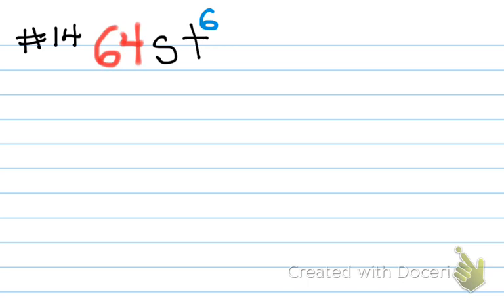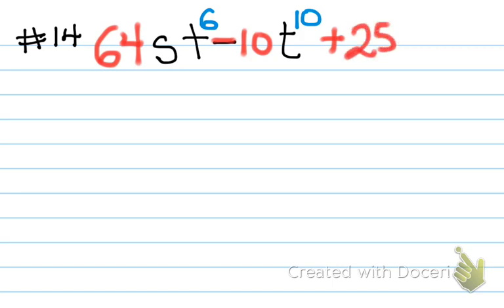That's our first polynomial. And then we have minus our second polynomial, 10, but just a t this time, to the 10th power. And then we have plus 25, and then we've got the s.